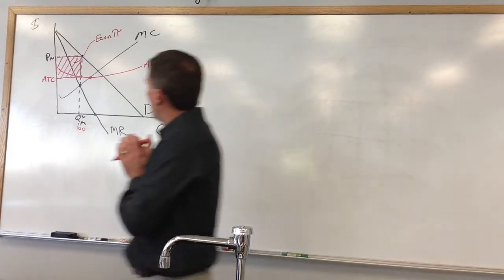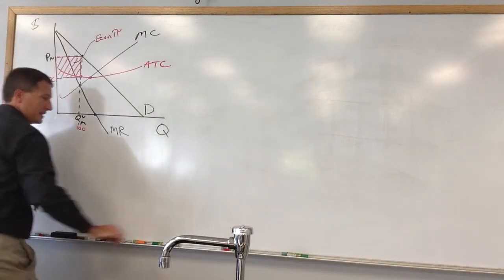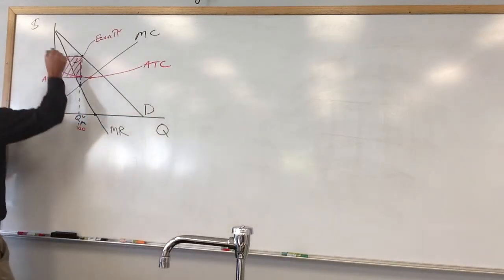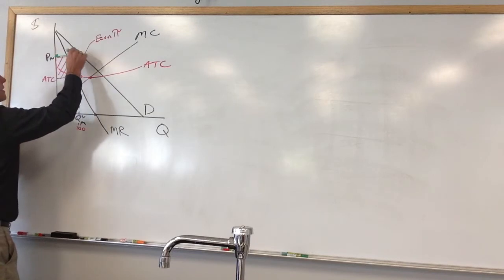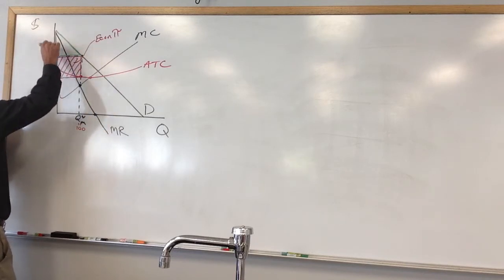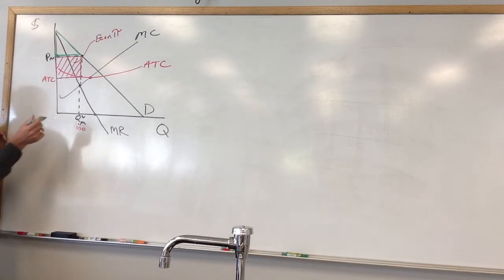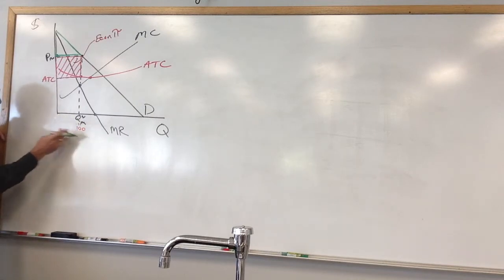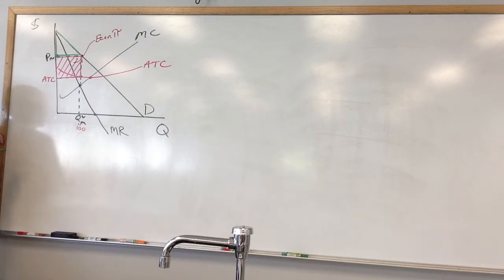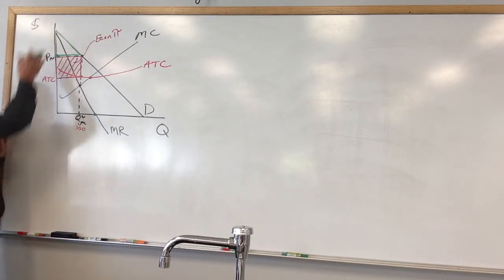Now, what does this little area represent? This little triangular area. Consumer surplus. Good. Consumer surplus, right? So if we look at all the units that the monopolist produces, some people are getting some value even above the monopoly price.